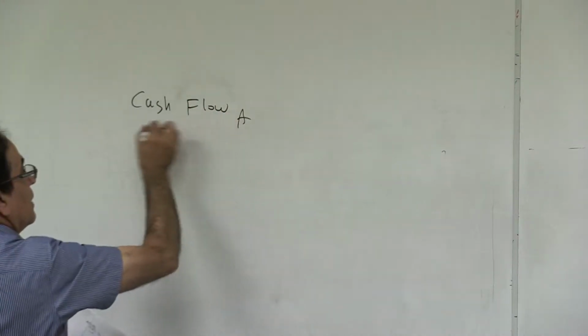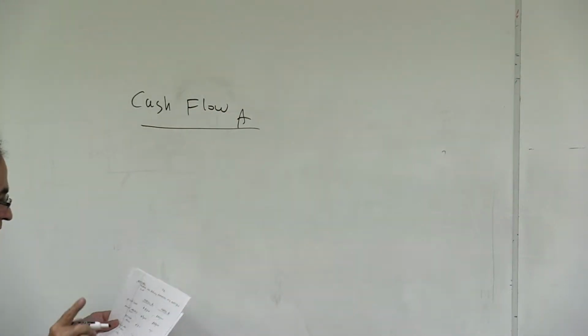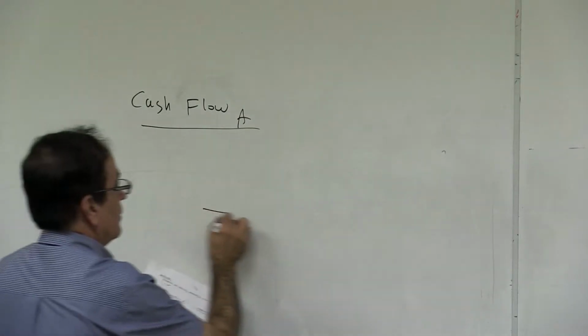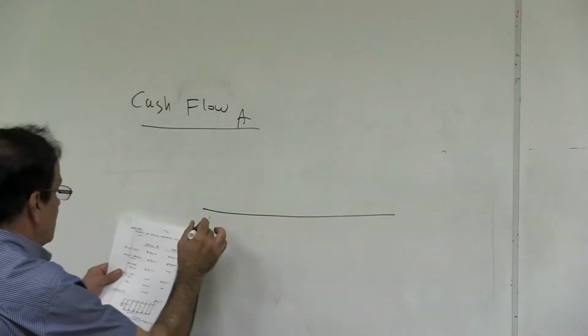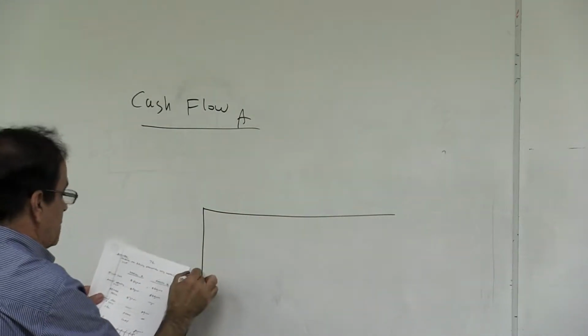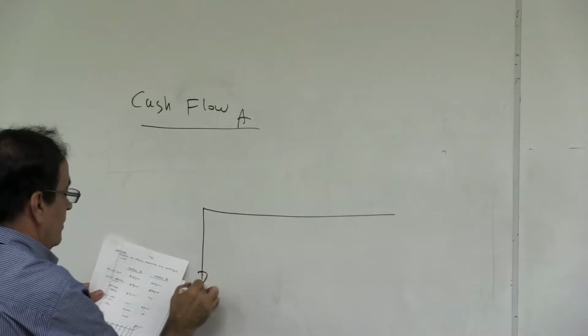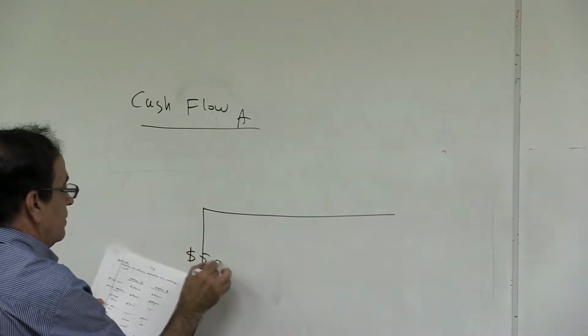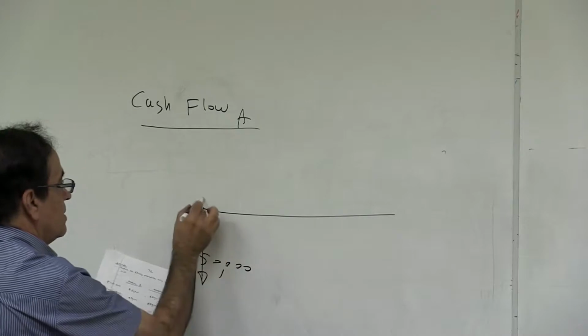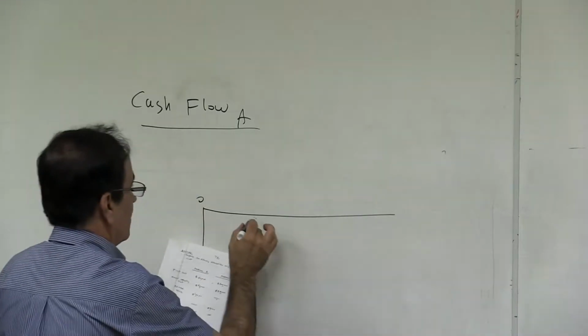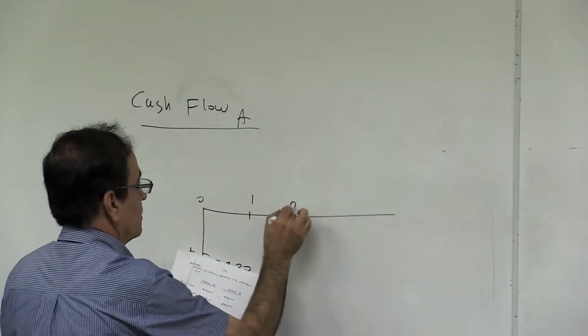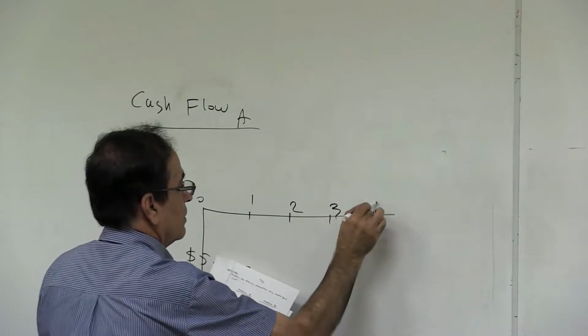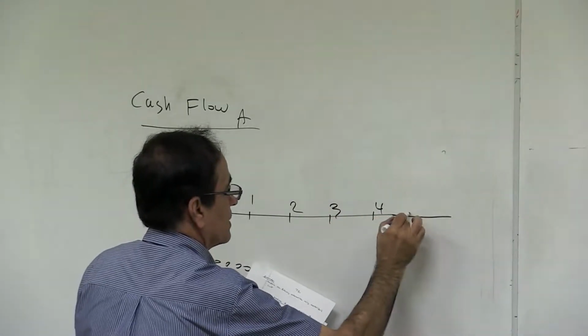The cash flow diagram for alternative A for one cycle, that's all we need here. The initial cost for this one is 50,000. The life of this one is 7 years: year 1, year 2, year 3, up to year 7.